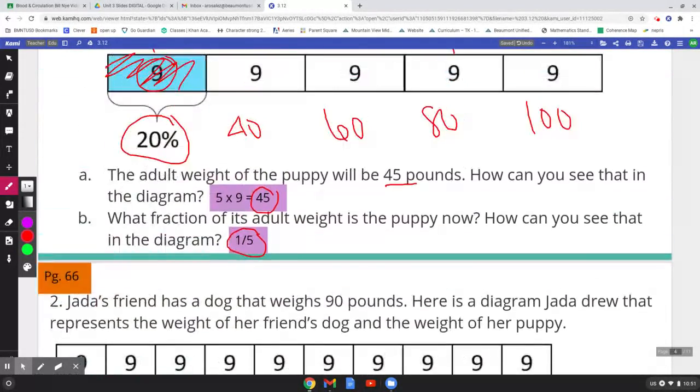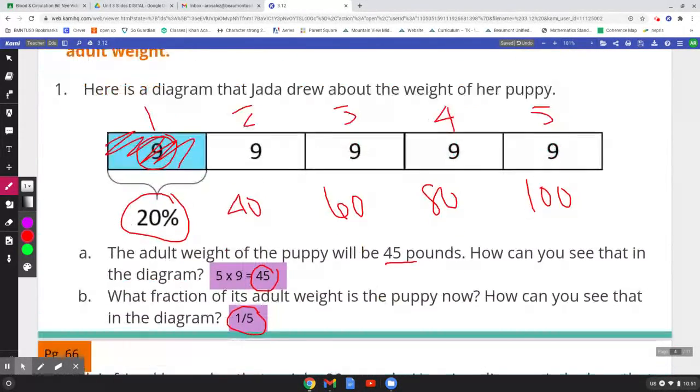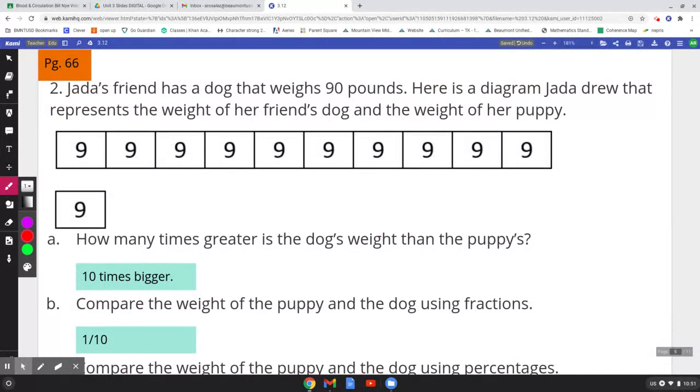So now you're on page, that was 65, right? Yeah. So now you're on page 66. Jada's friend has a dog that weighs 90 pounds. Here is a diagram Jada drew that represents the weight of her friend's dog. So this is the friend, and then this is Jada's dog, right?